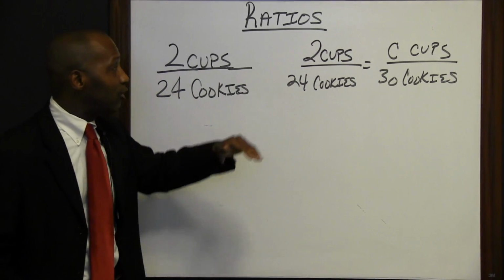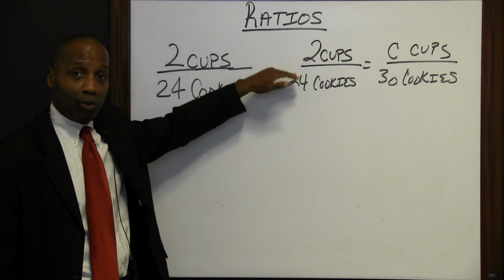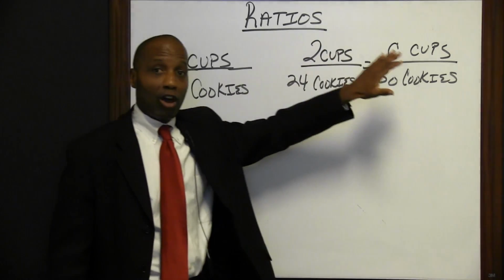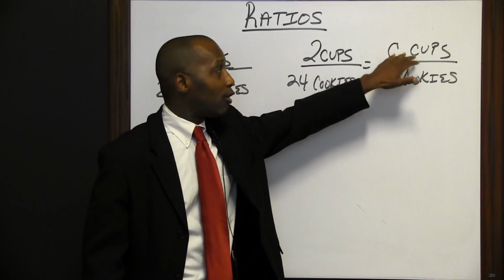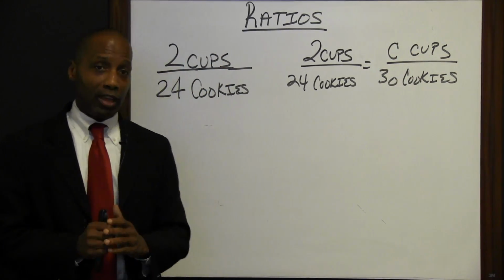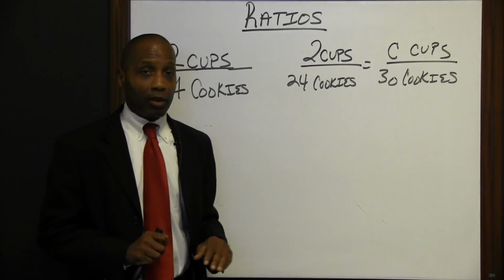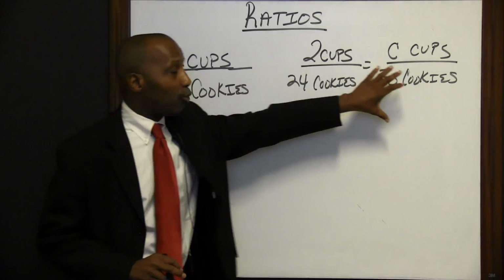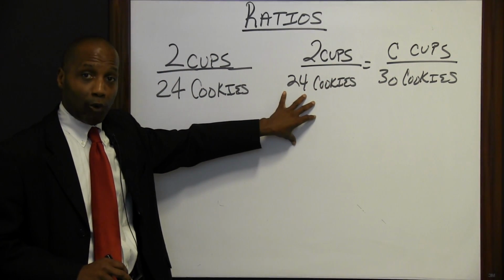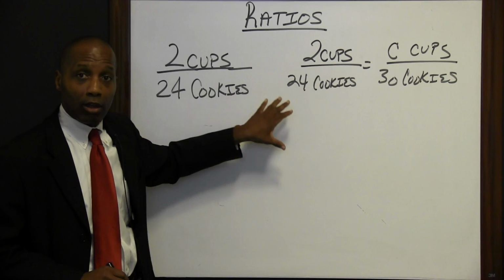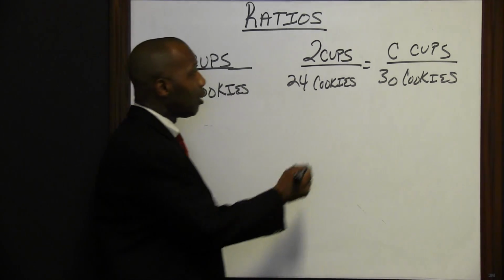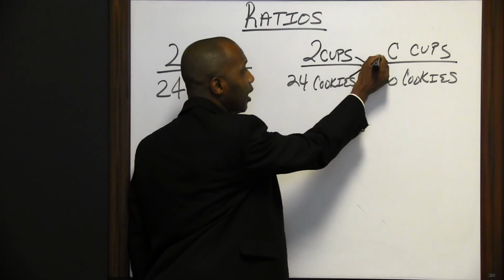We can use the known quantities in the ratio, 2 cups of sugar, 24 cookies, and the known quantity of cookies to determine the unknown quantity of sugar that we need for 30 cookies. Now, whatever this ratio comes out to be, it will be equal to 2 to 24, or 2 cups of sugar to 24 cookies. So because of that, we're going to use a process called cross multiplication.